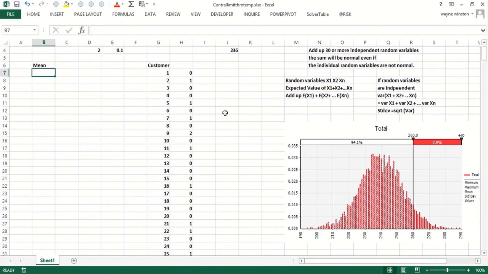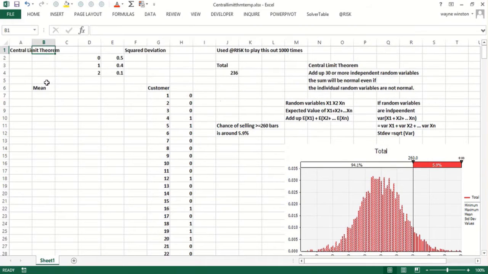If you play this out a couple of thousand times, the chance of selling at least 260 chocolate bars is around 5.9%. Now, don't be alarmed if you don't have @Risk, which you probably don't. Then you're going to get error messages in these cells, but that's not really important.